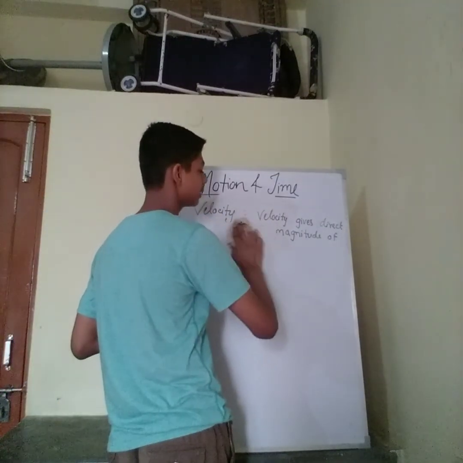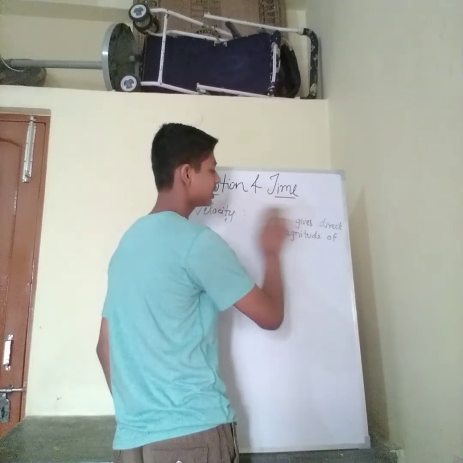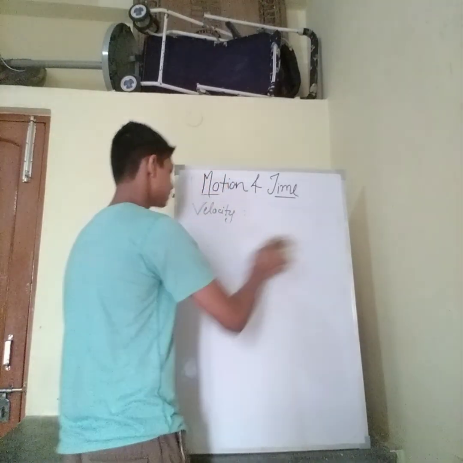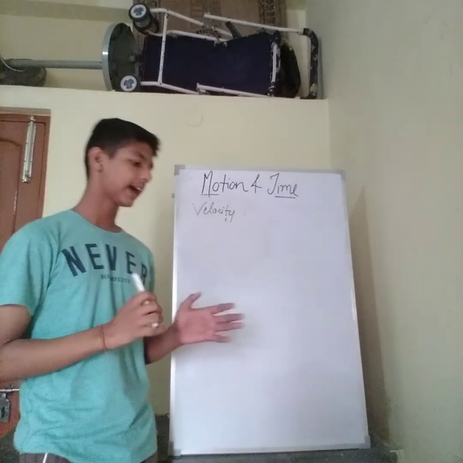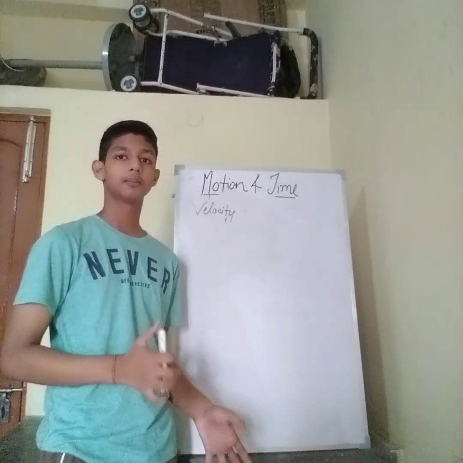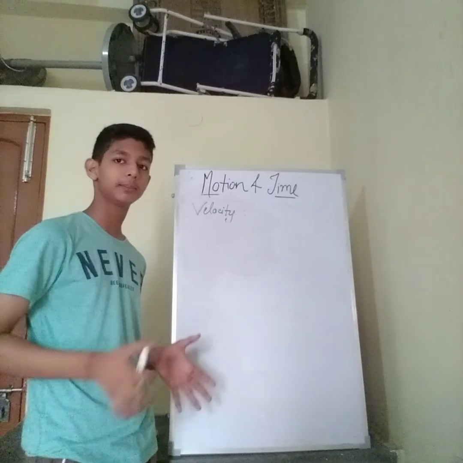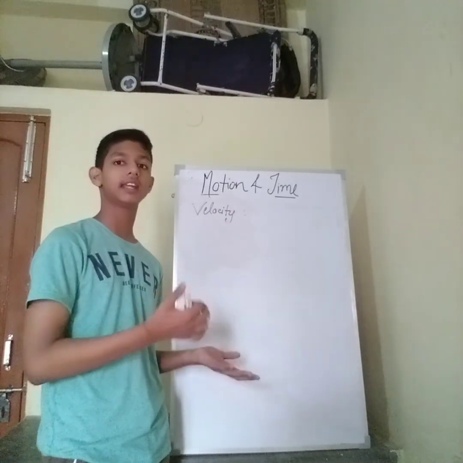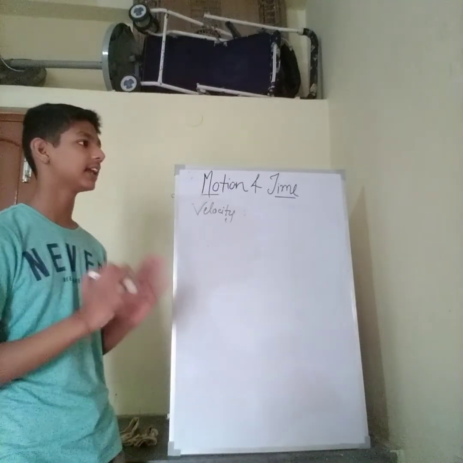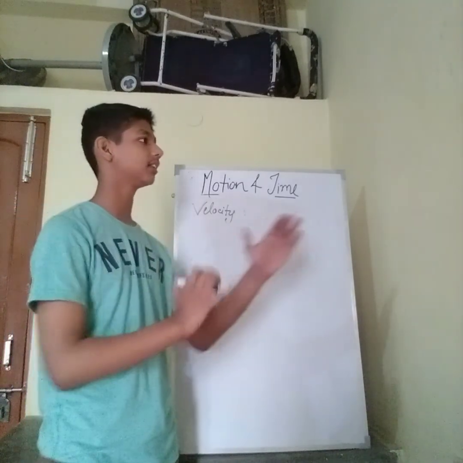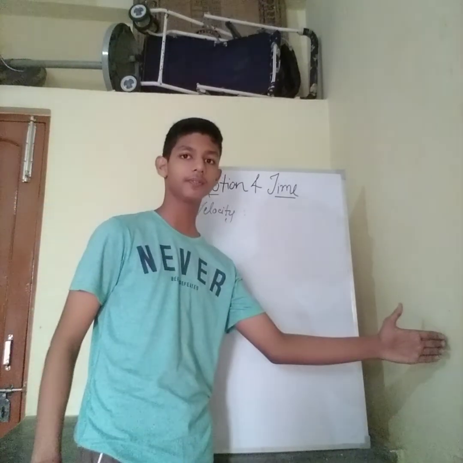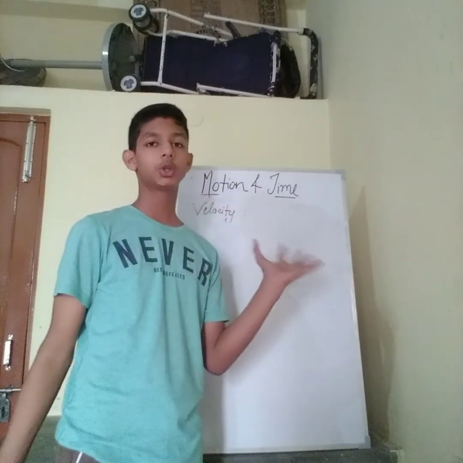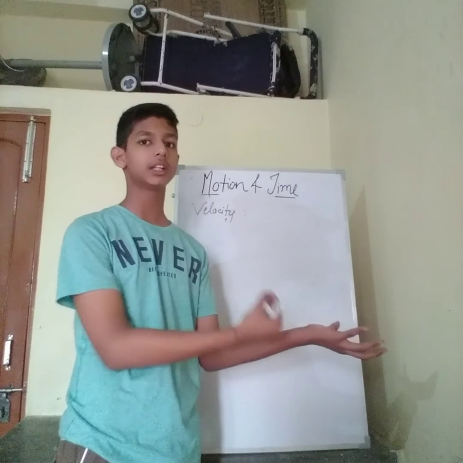Velocity has two terms. First is initial velocity and second is final velocity. Means I have started my journey. My initial velocity, means starting velocity, is 0 or 10 or 20, and I am increasing my speed and reach my destination with a top speed of 20 meter per second, from 0 to 20 meter per second.